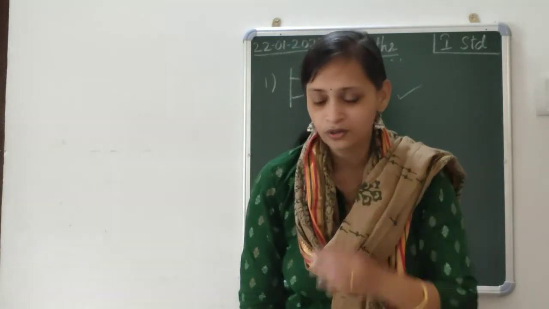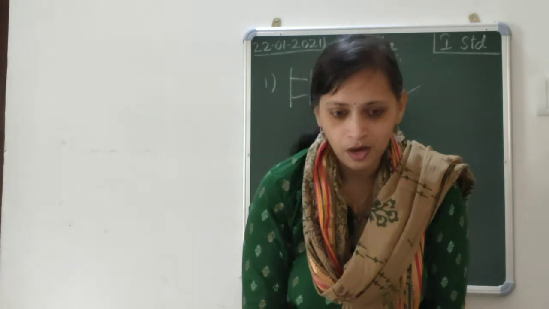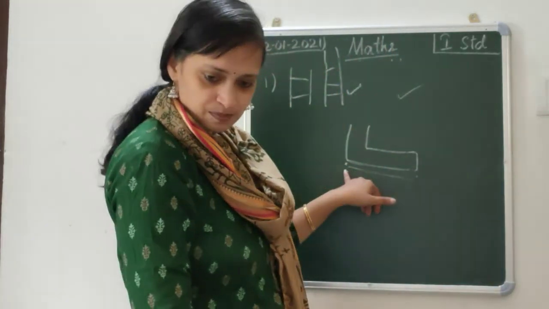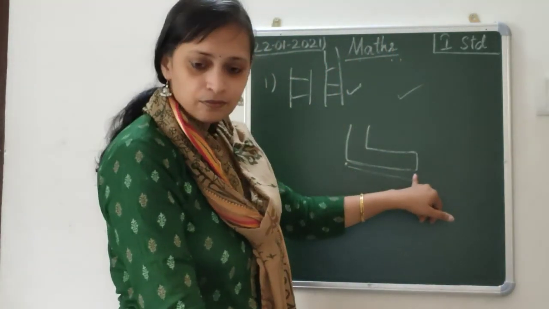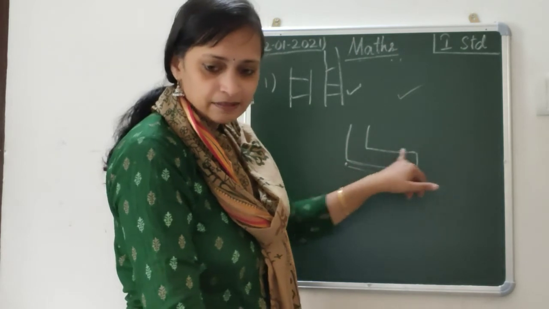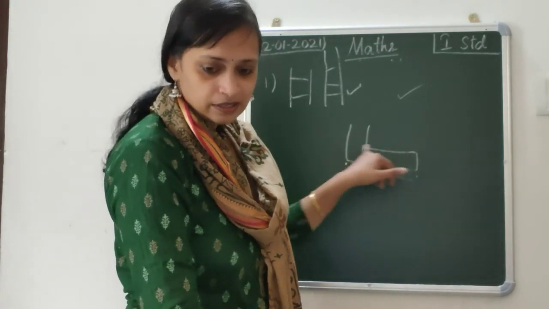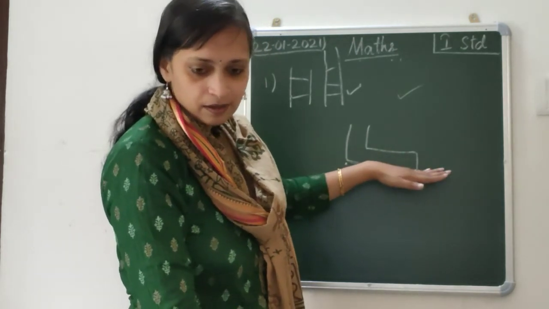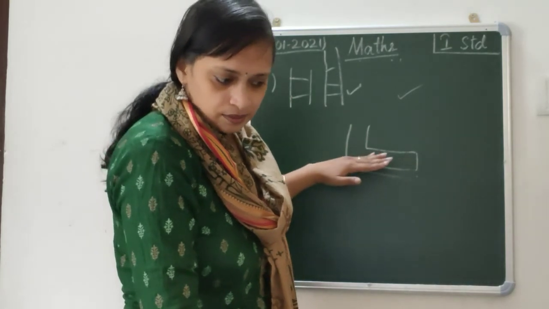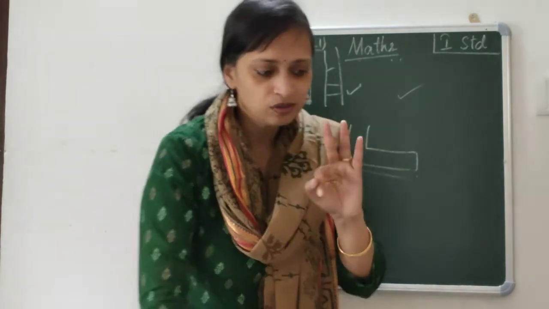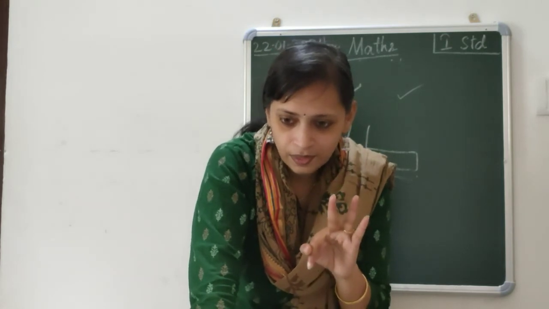Then you learned about your foot span, that is the distance between the heel and the tip of your toe. That is called your foot span. So today you learned about 3 different ways of measuring length.